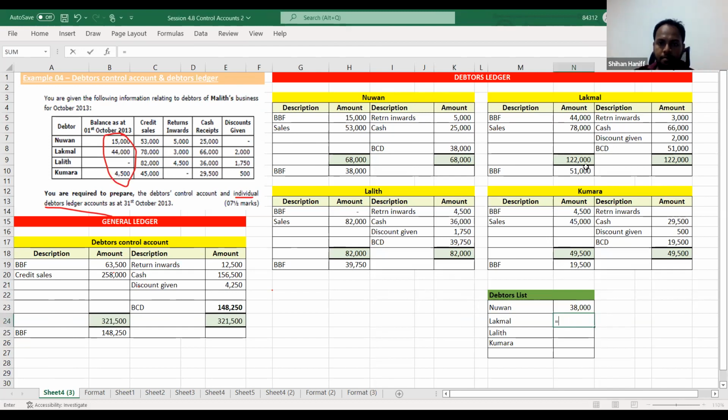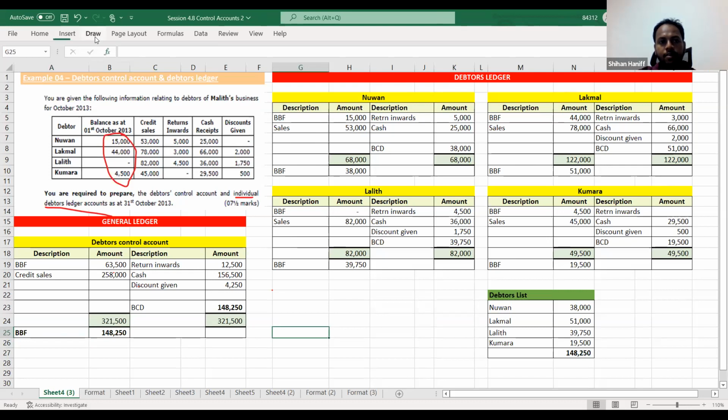So Nuwan 38, Lakmal 51, Lalit 39,750, and Kumara 19,500. So finally, this total should be equal, 148,250 and 148,250.